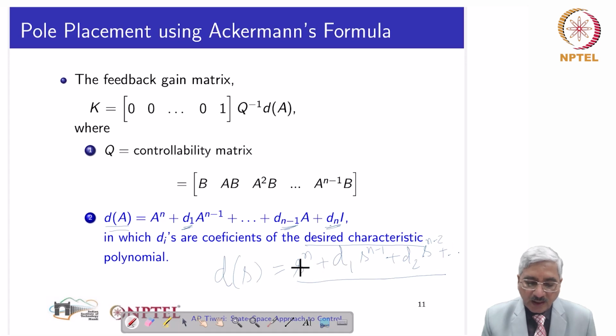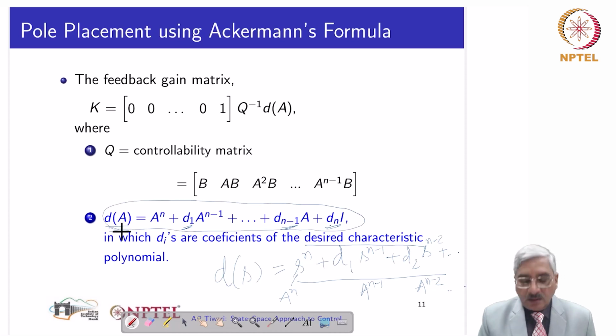In place of s we have A, so it becomes A to the power n minus 1 here, A to the power n minus 2 here, and so on. So this d(A) is a polynomial in A, and the coefficients are the same as the coefficients in the desired characteristic polynomial for obtaining the state feedback gains.